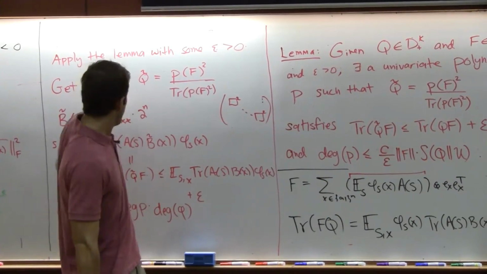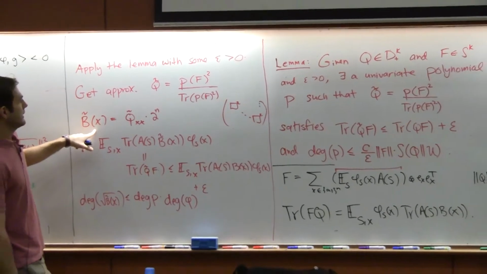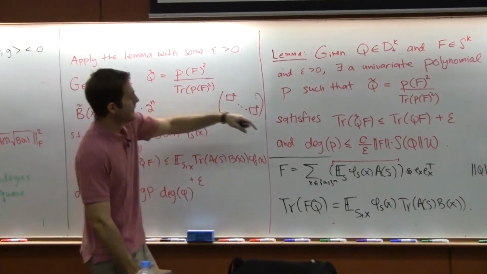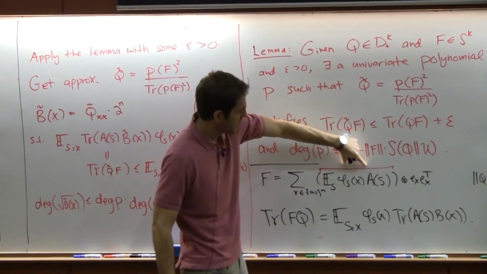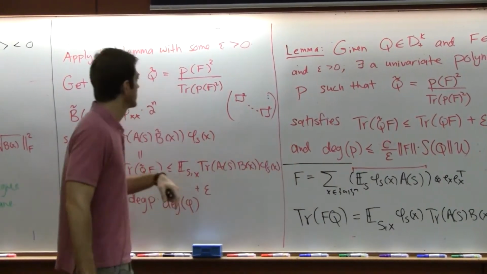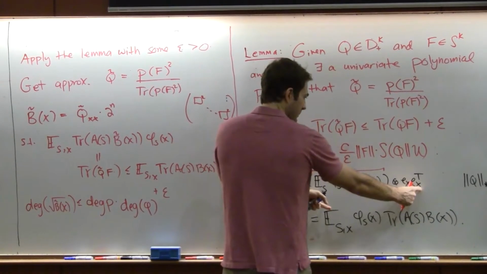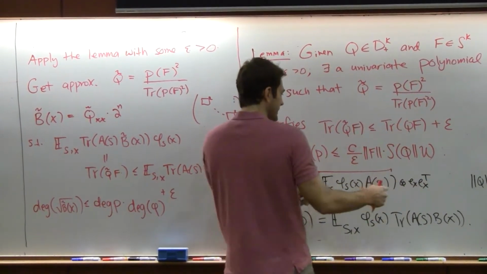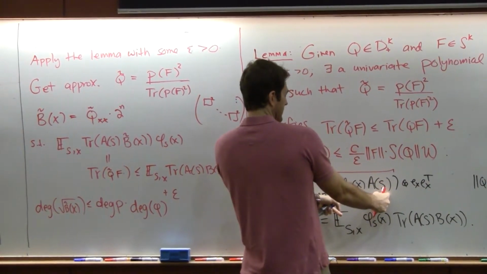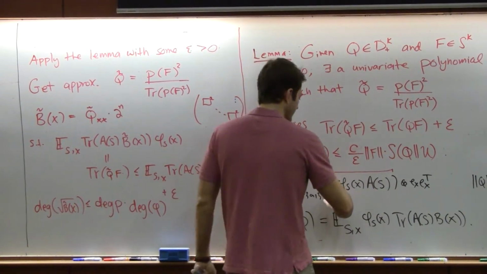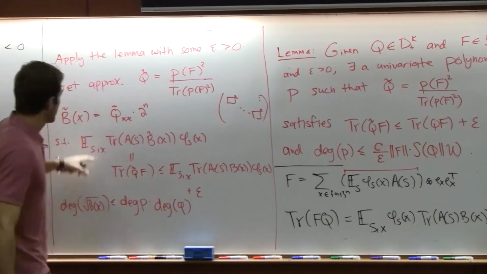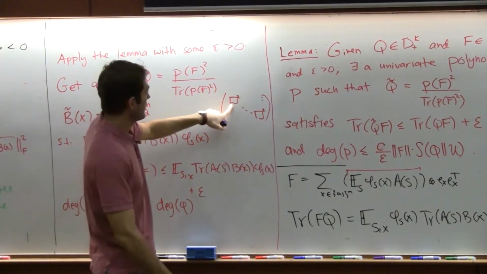So the point is, every one of these things is P applied to this matrix squared. You should think of this as a matrix with a bunch of blocks indexed by x, and every block is this matrix. The blocks here are squares. What are they squares of?